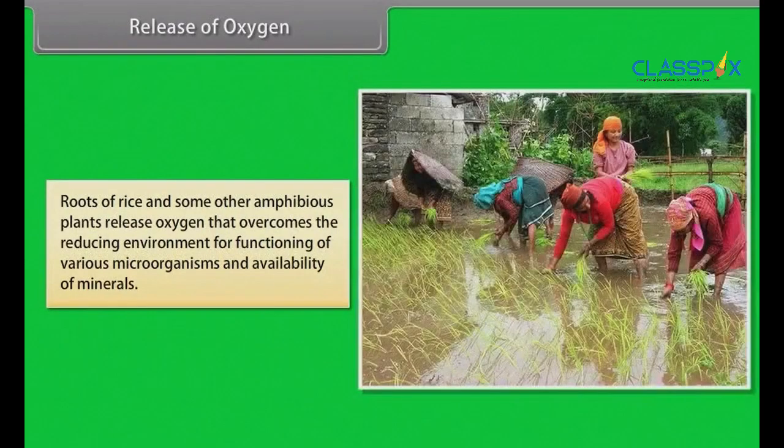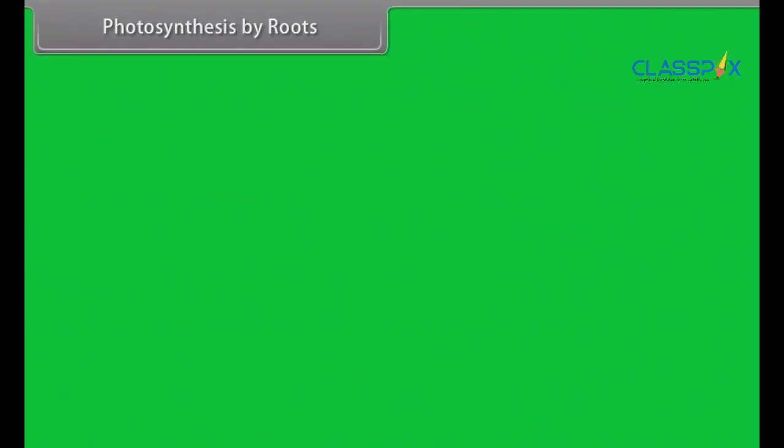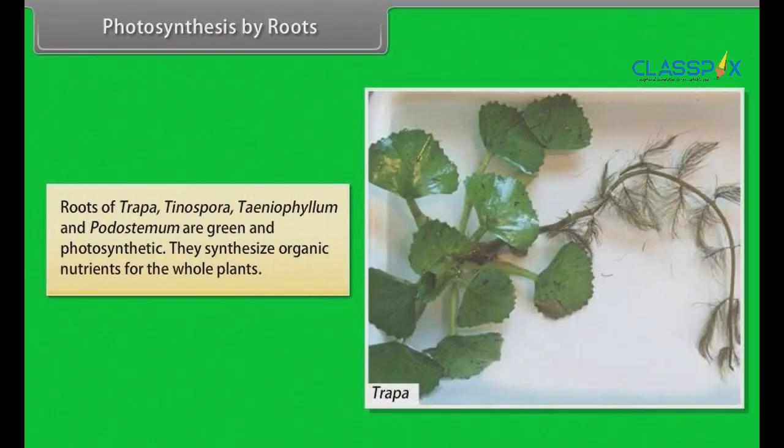Release of oxygen: roots of rice and some other amphibious plants release oxygen that overcomes the reducing environment for functioning of various microorganisms and availability of minerals. Photosynthesis by roots: roots of Trapa, Tinospora, Taeniophyllum, and Podostemum are green and photosynthetic. They synthesize organic nutrients for the whole plant.